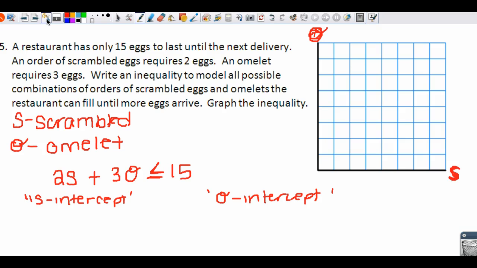So the S-intercept occurs when you make no omelets. So that's 2S plus 0 less than or equal to 15. So S has to be less than or equal to 7.5.